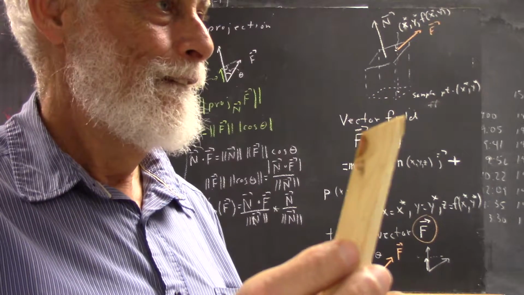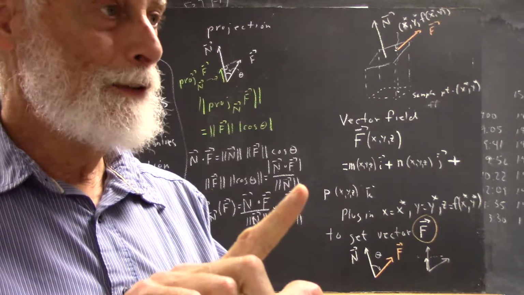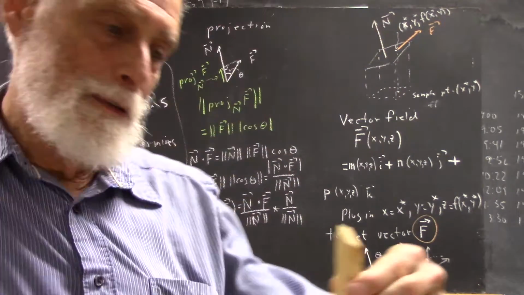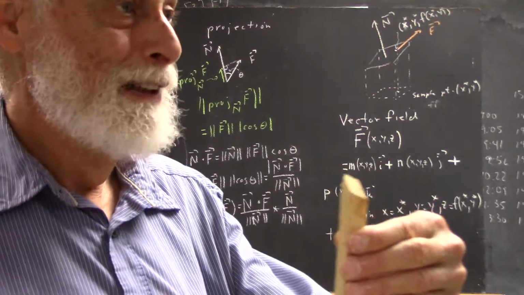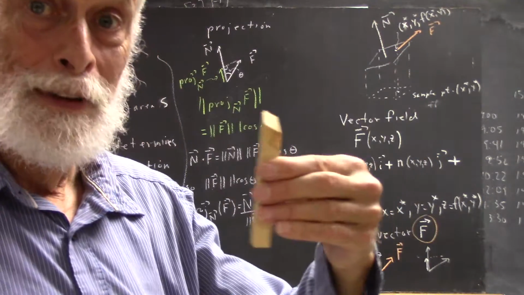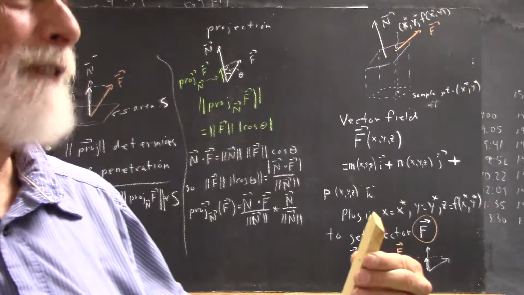Okay? You know, this has a normal vector. If it lives in a vector field where things are flowing this way or whatever, some percent of that flow will penetrate this surface. And of course, the bigger the surface is, the more stuff penetrates it, right?